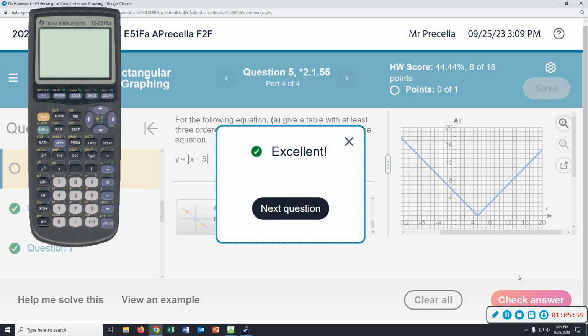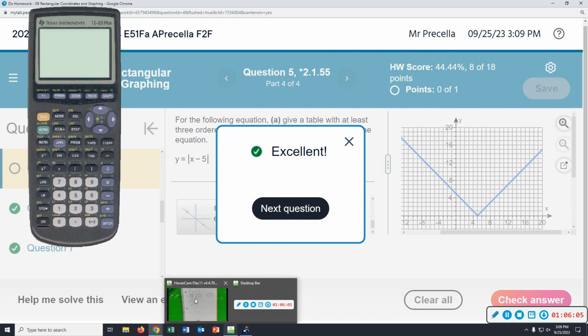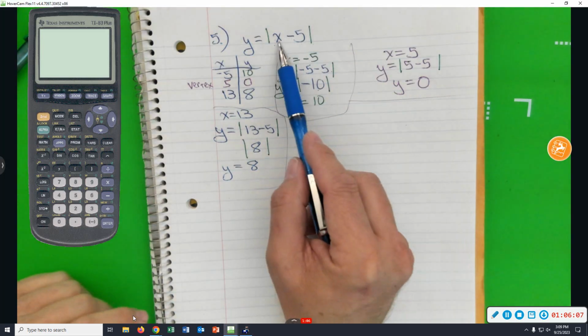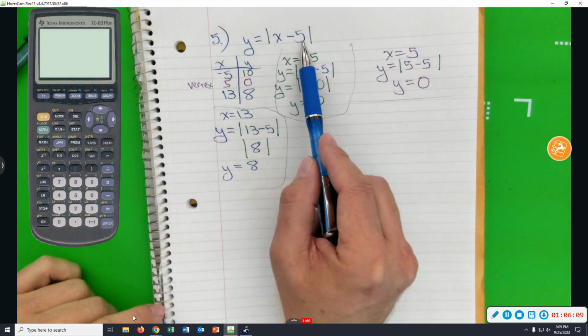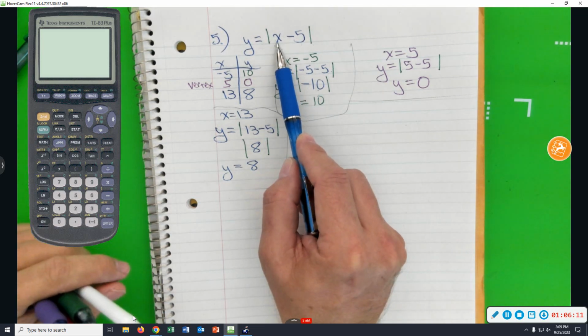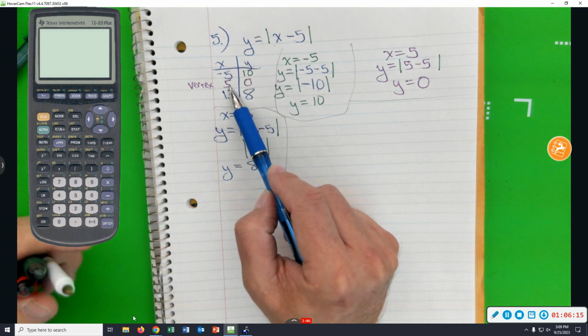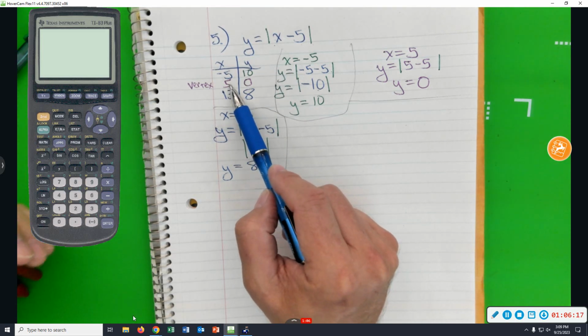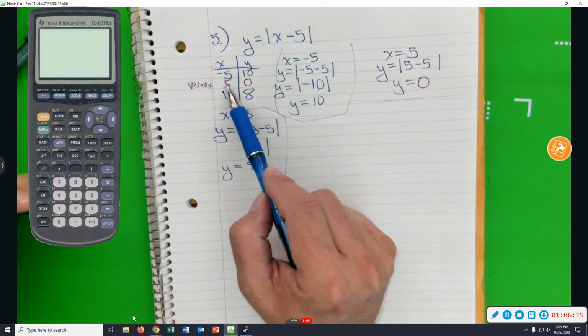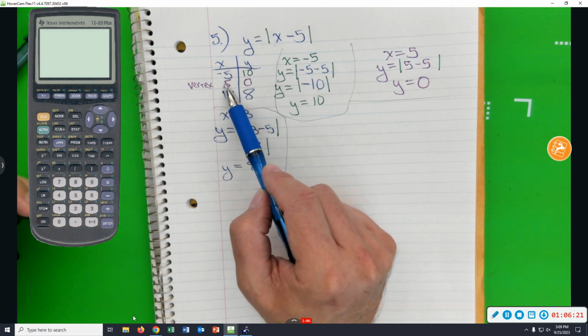The vertex occurs when the inside stuff is equal to 0. When is that inside stuff equal to 0? When x is positive 5, there it is.